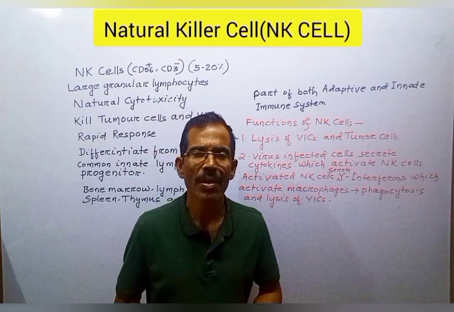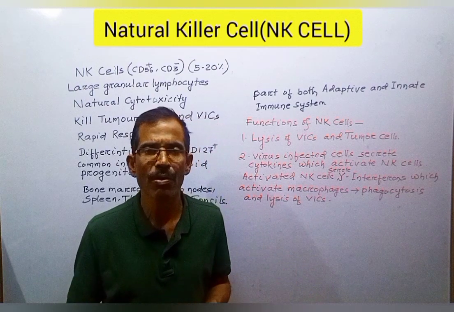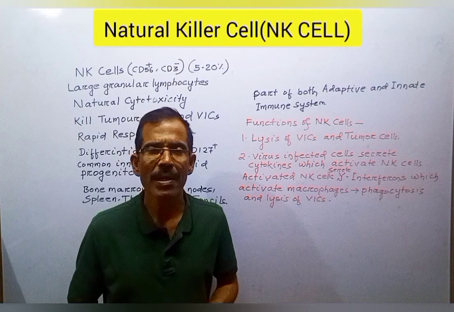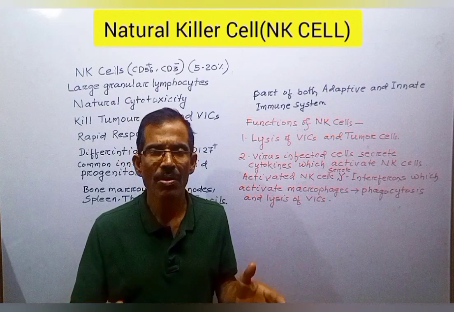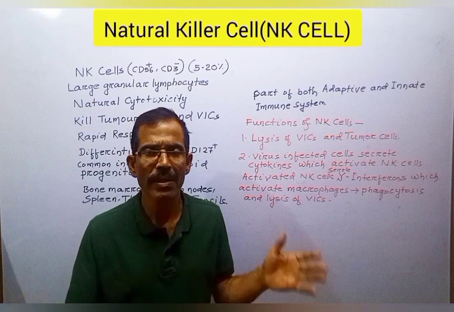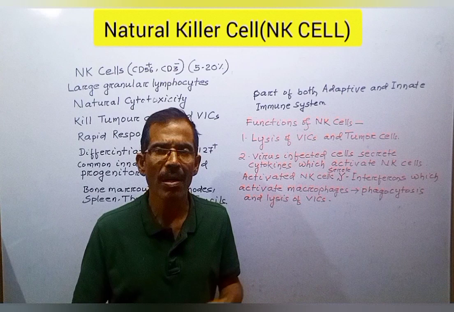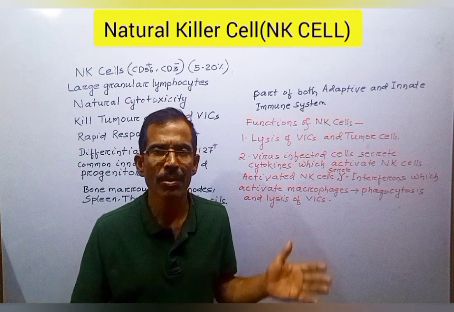Activated natural killer cells produce gamma interferons which activate macrophages. Activated macrophages then cause the phagocytosis and lysis of virus-infected cells. So friends, this is all about the cellular components of innate immunity.